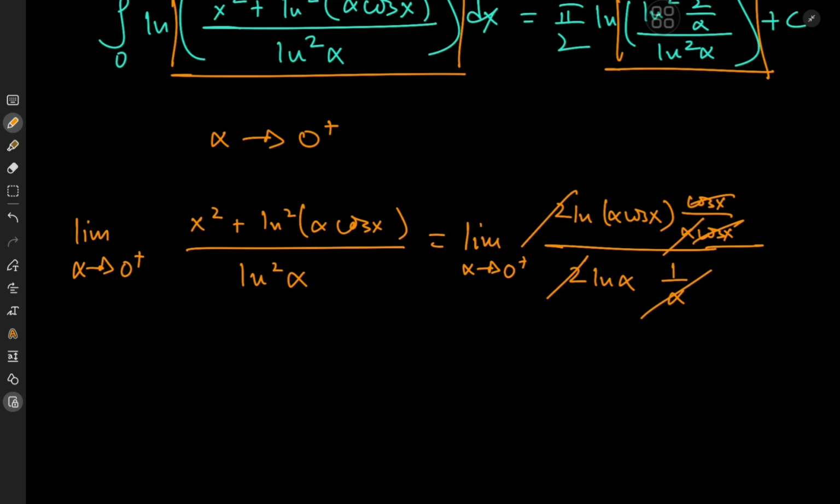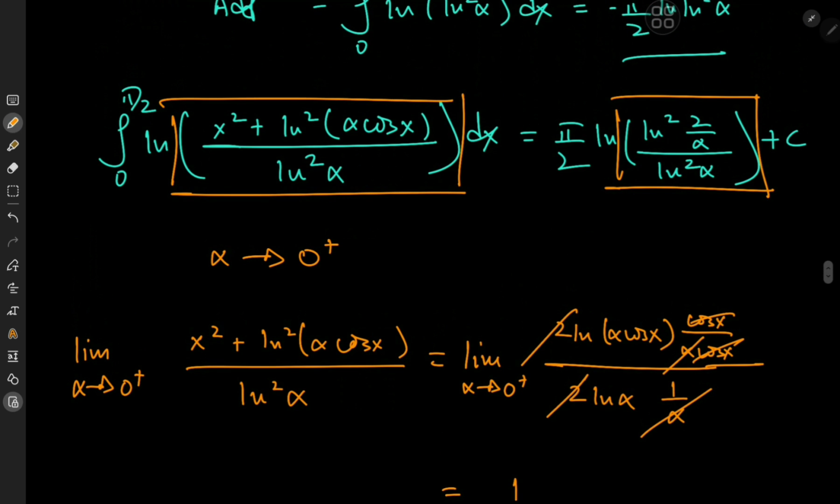So the logarithm of a linear function in alpha divided by the logarithm of another linear function in alpha would be approaching 1 as alpha tends to 0.